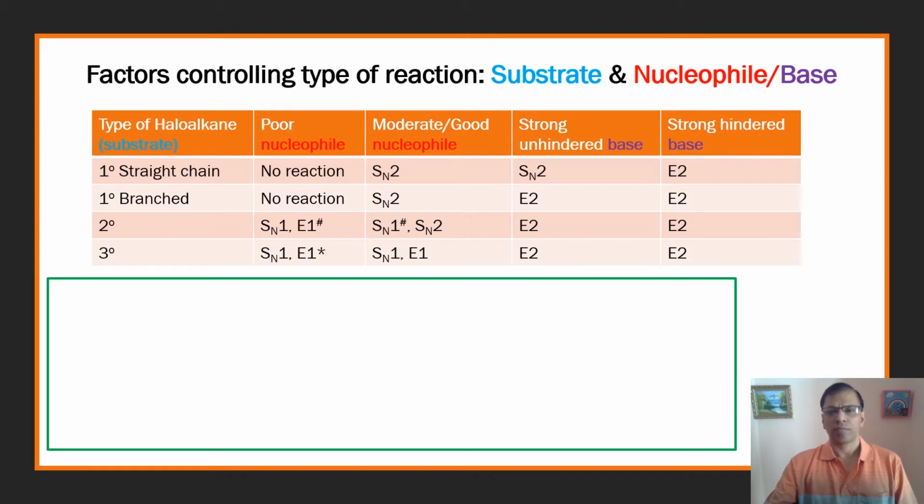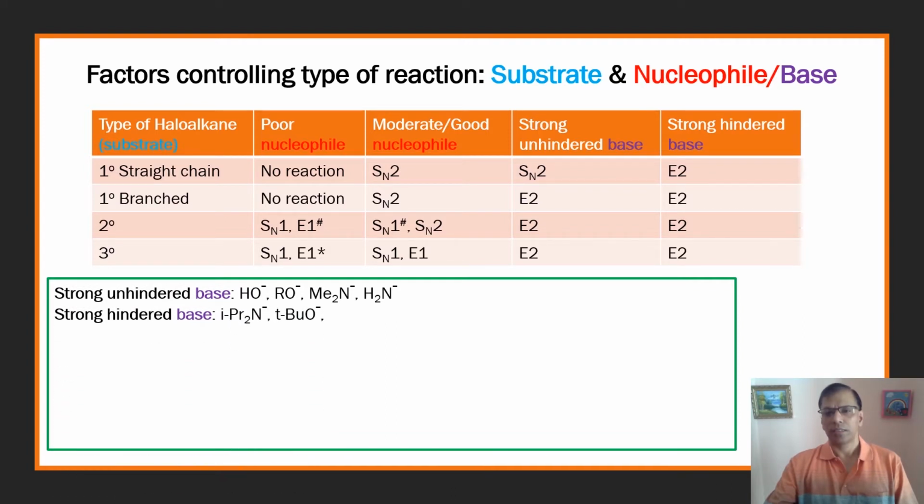And in these two columns, you have the base. The base can be an unhindered base or it can be a hindered base.